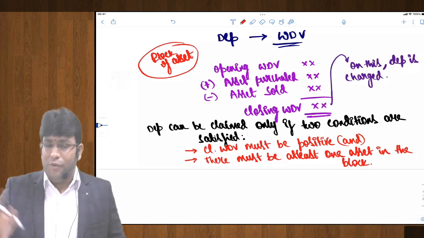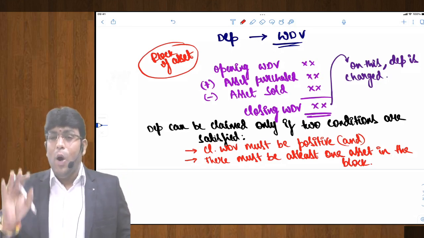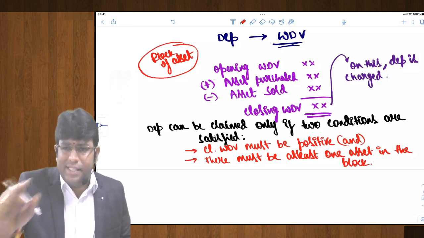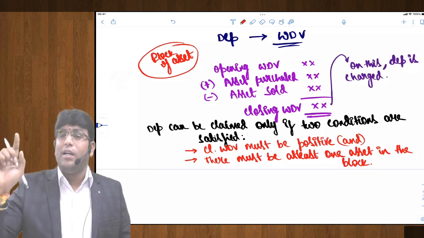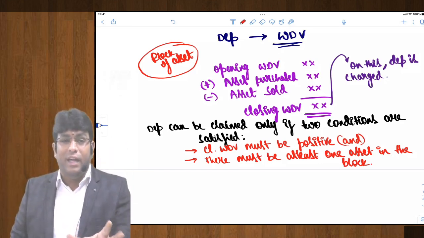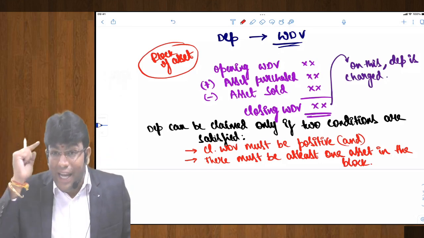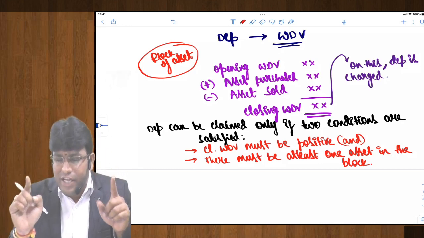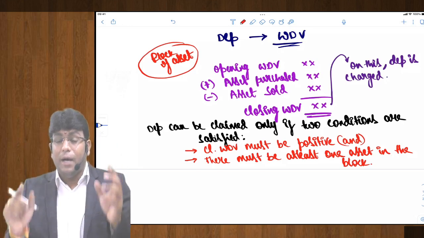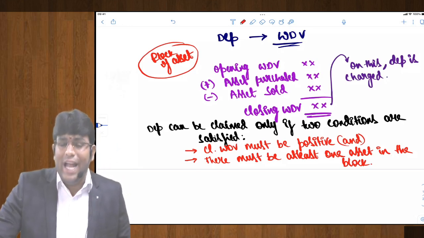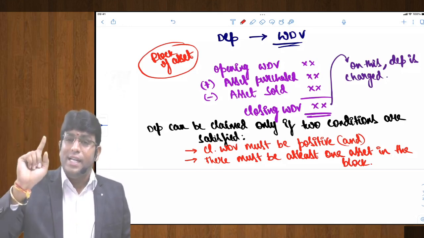So friends, I'll repeat again. What do we start with? Opening WDV, add asset purchase less asset sold, balance what we get is closing WDV. On the closing WDV, we'll charge depreciation. So please keep in mind that depreciation is always calculated on the closing WDV. And depreciation is allowed only and only when two conditions are satisfied.